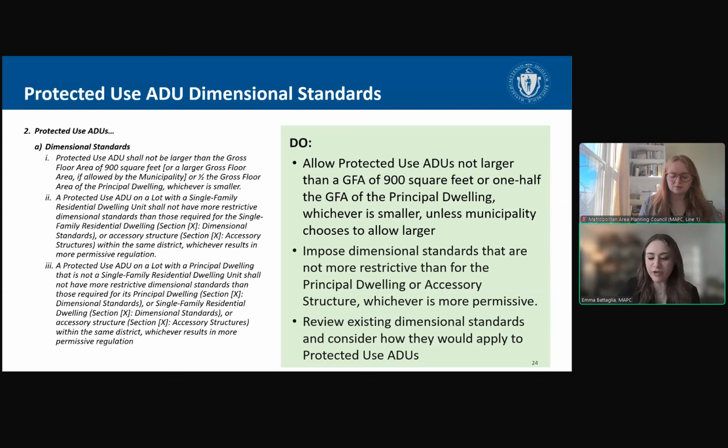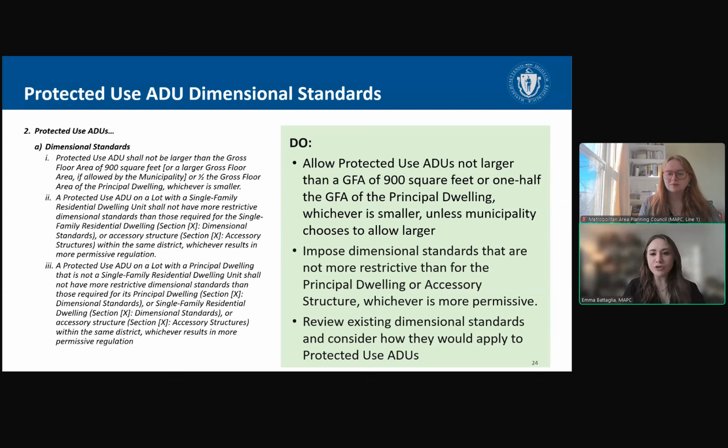And you should review your existing dimensional standards and consider how they might apply to protected use ADUs in particular. Another thing I just want to point out is that in this section, we reference an example of referencing your existing dimensional standard section and an existing accessory structure section that you might already have in your bylaw.